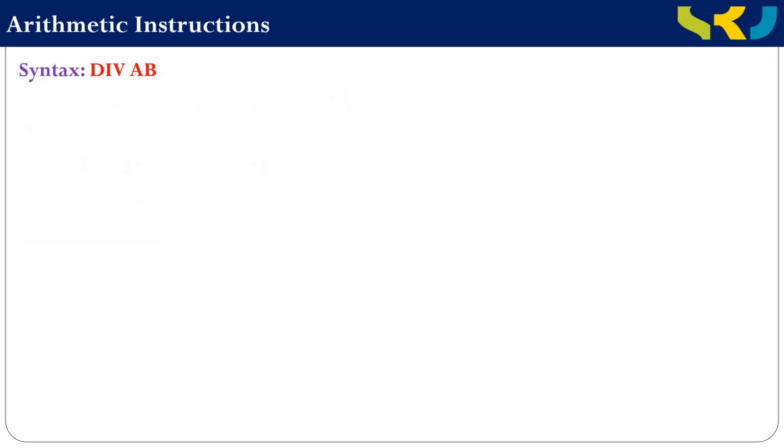DIV stands for division. The syntax for division is DIV AB. For division also, the 8051 uses the B register along with the A register.